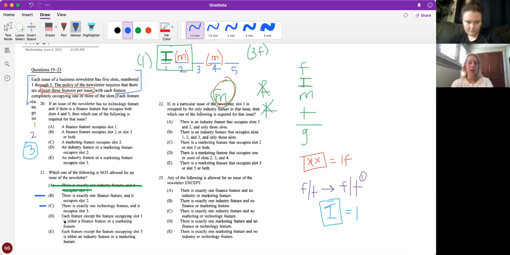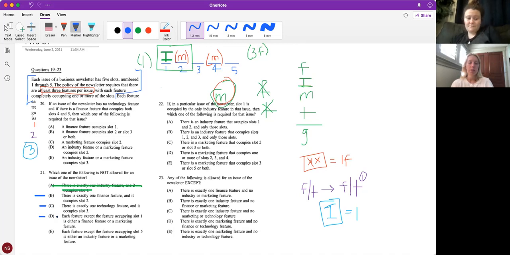D. Each feature except the feature occupying slot 1 is either a finance feature or a marketing feature. I'm reading that and I'm like, okay, could be, leaving it open.